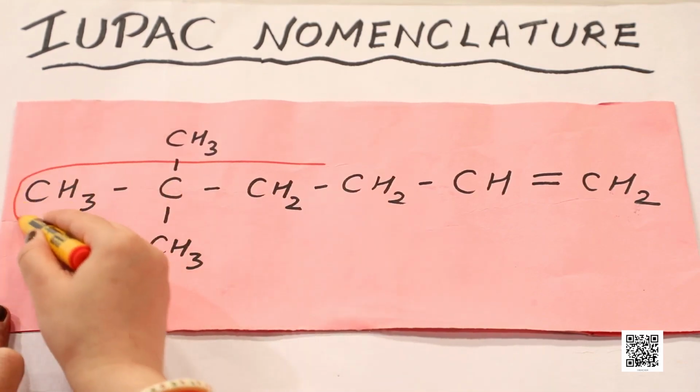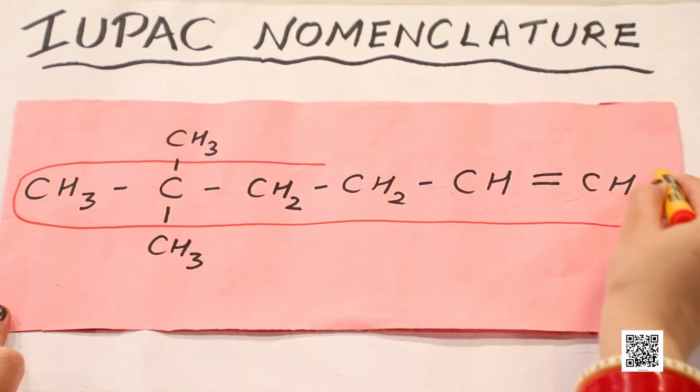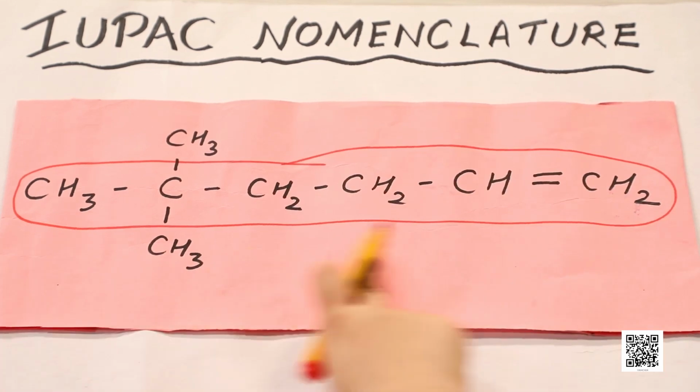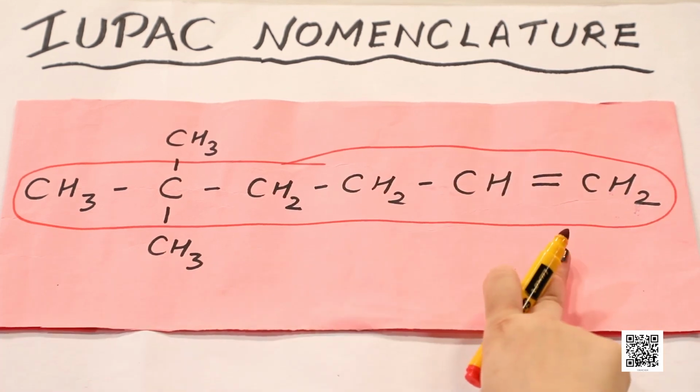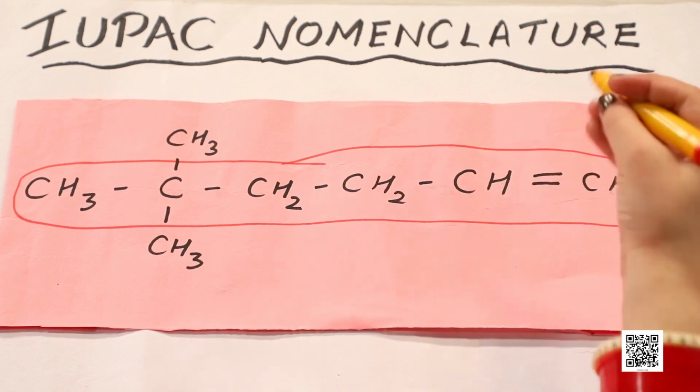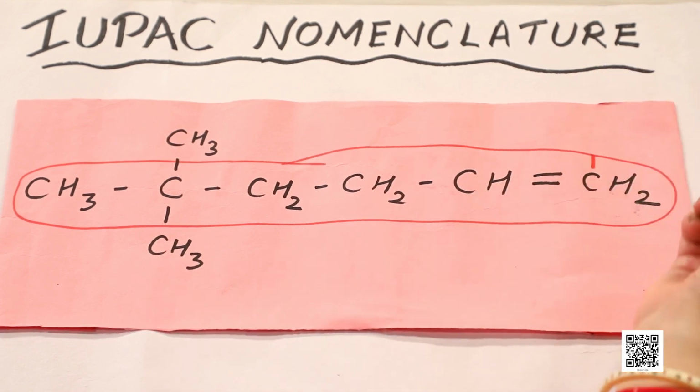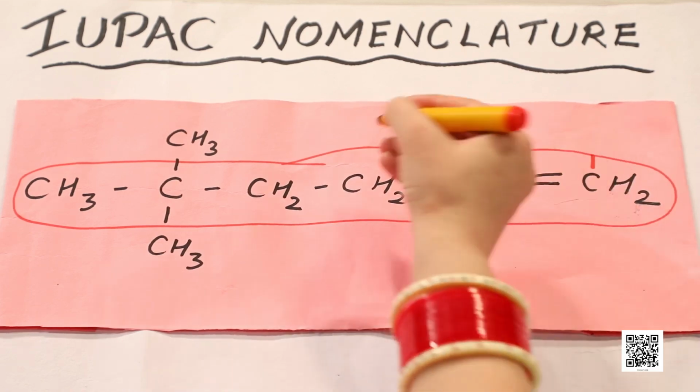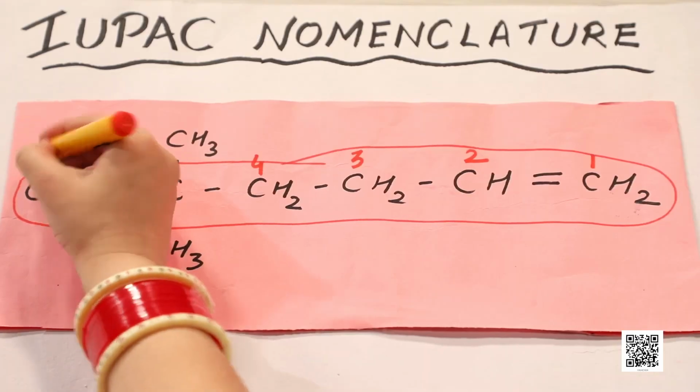So, when I am selecting my double bond and the longest chain, I will circle it in this way. Very good. Now, when I do the numbering, always the numbering should start from double bond. So, my numbering will be 1, 2, 3, 4, 5 and 6.